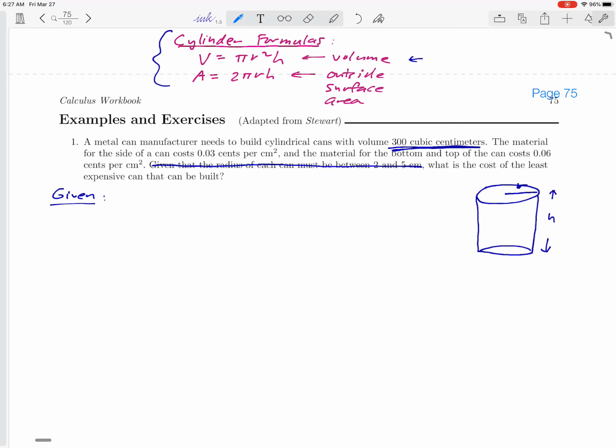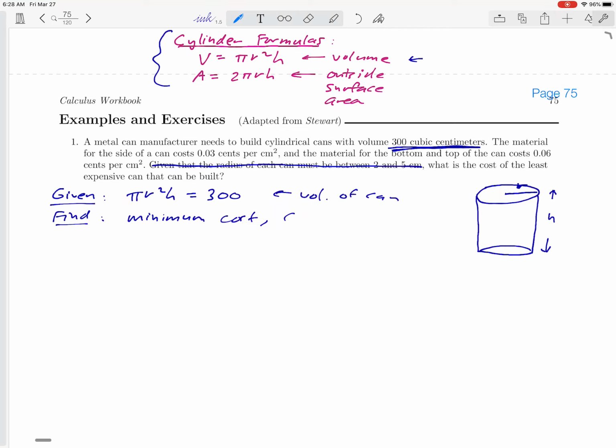So the formula for the volume of a cylinder is actually pi r squared h. And so what we know then is that that volume, pi r squared h, has to equal the 300 cubic centimeters that they gave us. That's what we know.